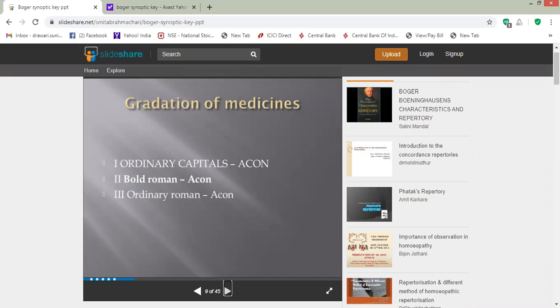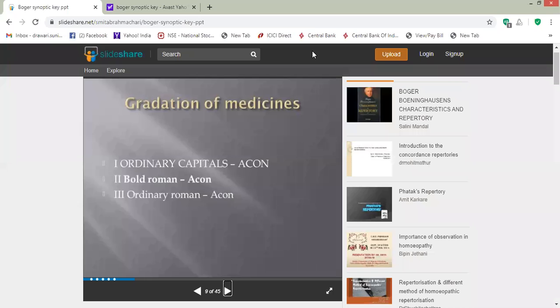In this repertory three gradations are used to indicate the importance of medicines. The first graded medicines are written in ordinary capitals, that is ACONITE. The second grade medicines are written in bold Roman, and the third grade medicines are written in ordinary Roman.